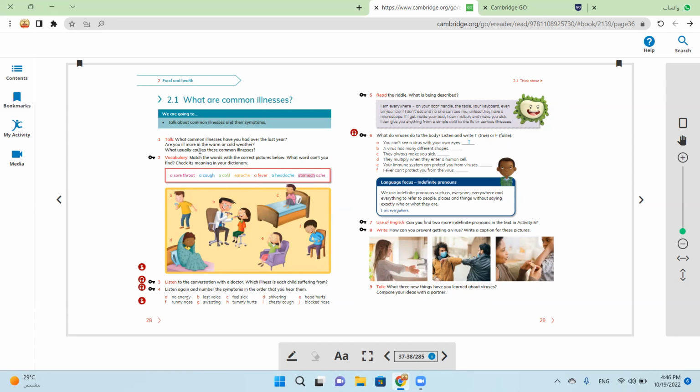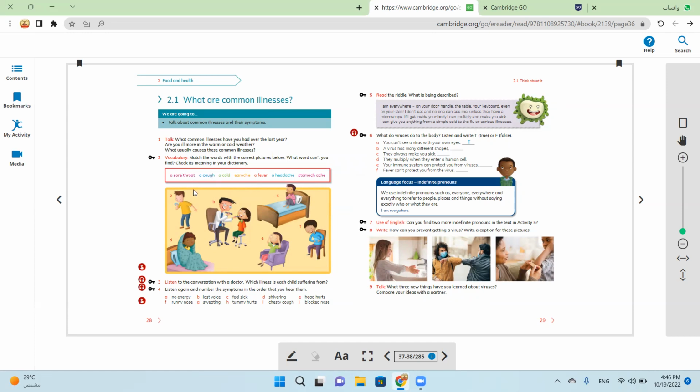What usually causes these common illnesses? A sore throat, a cough, a cold. It could be the changing of weather, could be being exposed to bacteria or viruses, right?